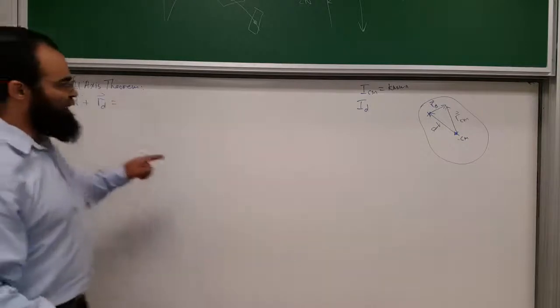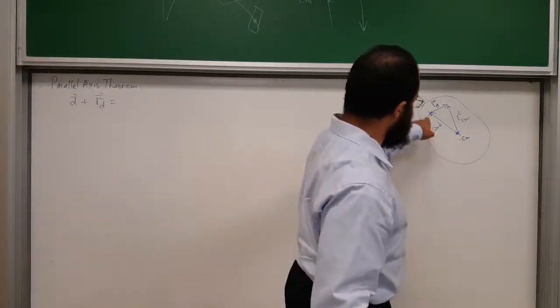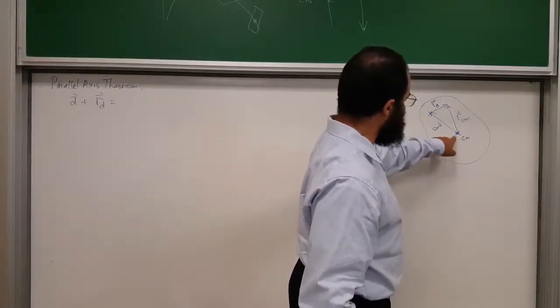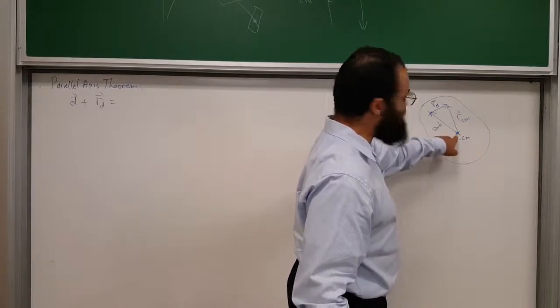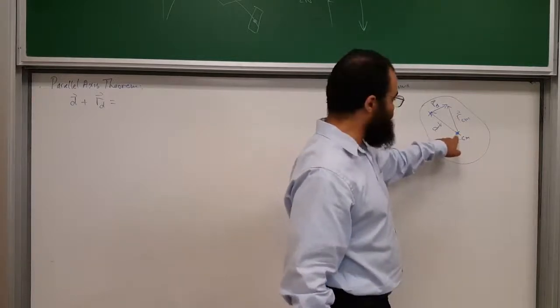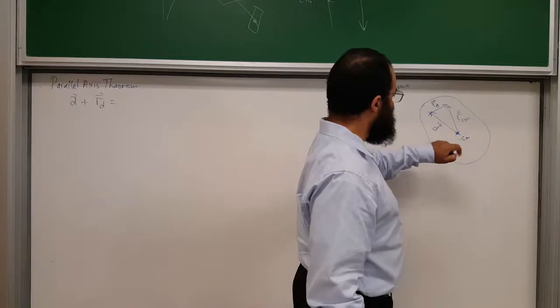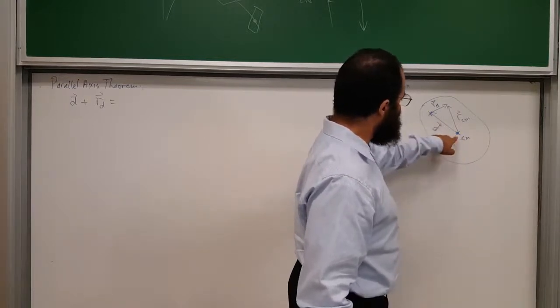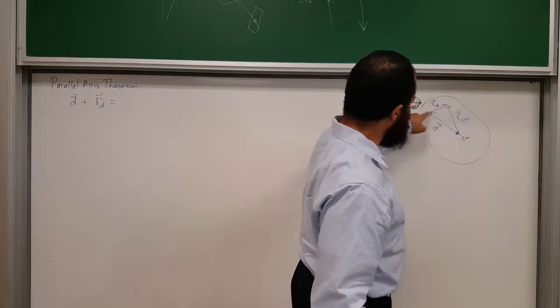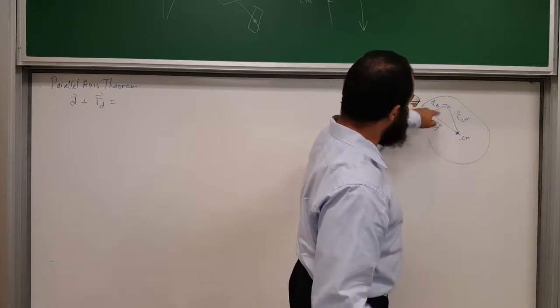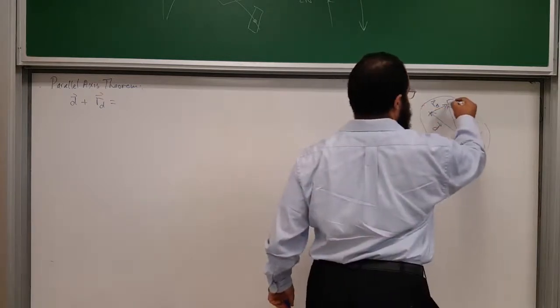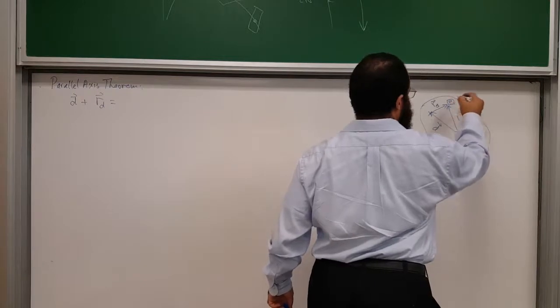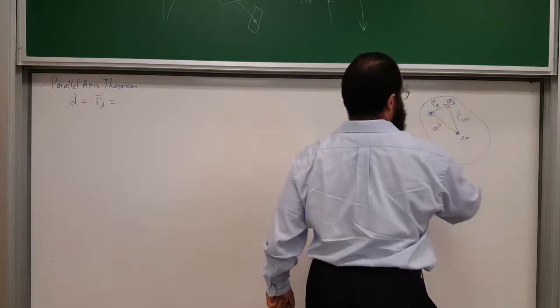The vector D is the position of this parallel axis with respect to the center of mass. The center of mass would be my origin, so I'm going to choose that to be the origin and measure things from there. R_D is the distance of the little masses whose moment of inertia I wish to calculate with respect to this axis.